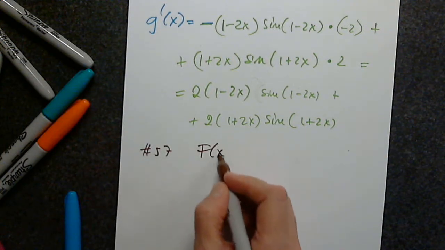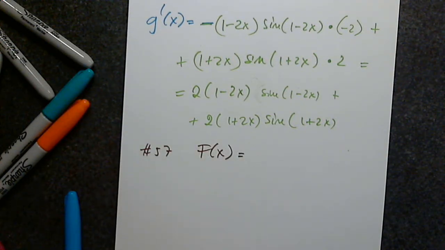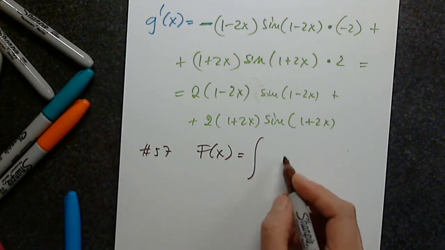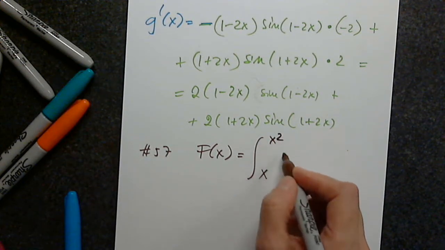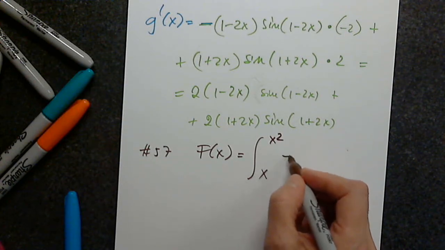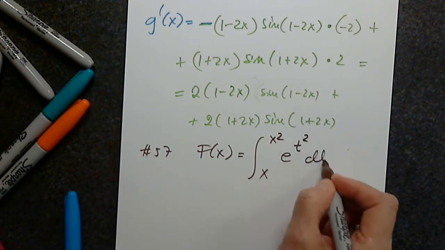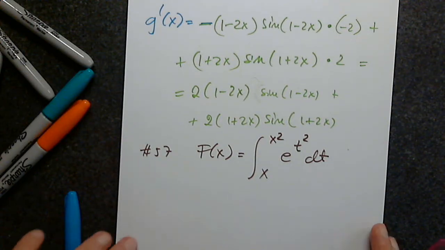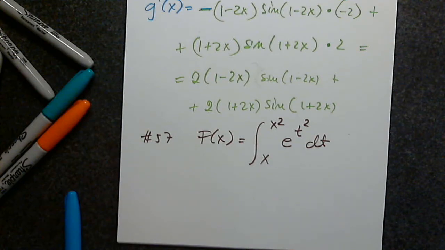And this is given as an uppercase F. From x to x squared, of e raised to t squared dt. Of course, we're asked to find F prime.